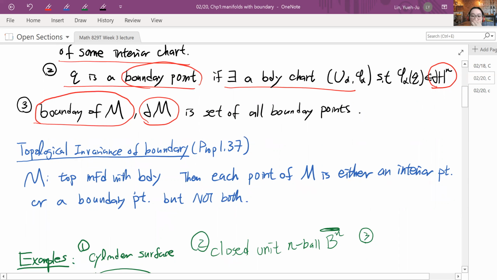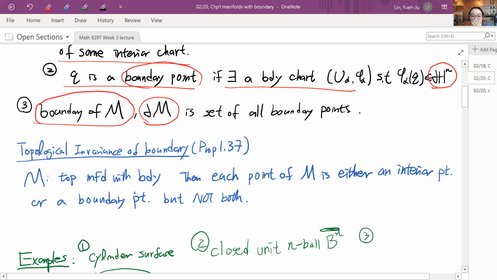All these topological properties are shared here. So we already know that, so we can easily prove it. It's just a little bit of modification of the proof. So a topological manifold with boundary also carries the same topological properties.